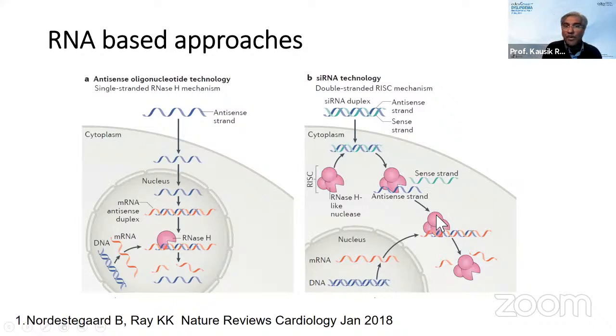Now, there's a second process which works in the cytoplasm that requires a double-stranded RNA, so you can mimic that with a drug. This is a natural process for which a Nobel Prize was awarded 15 years ago. And essentially, your body is switching off messages all the time.